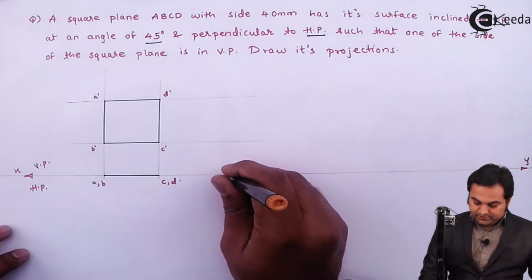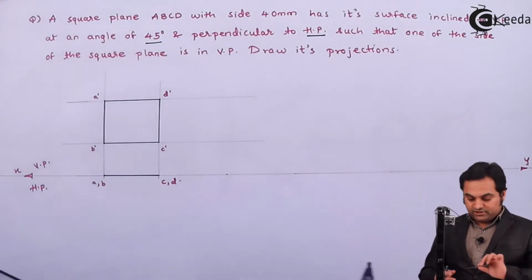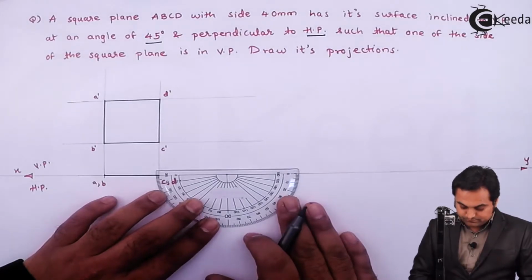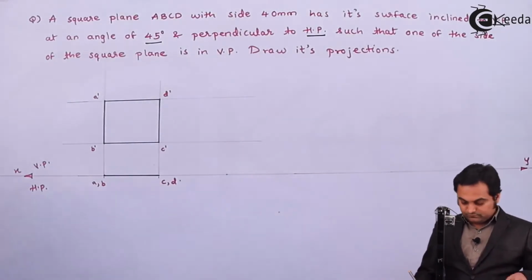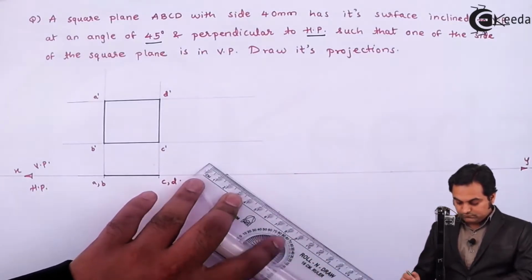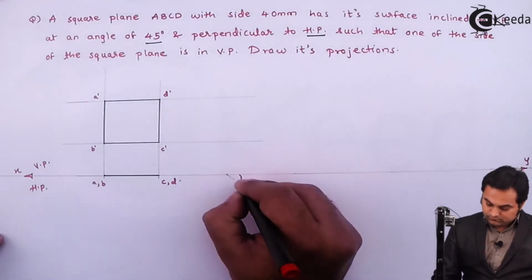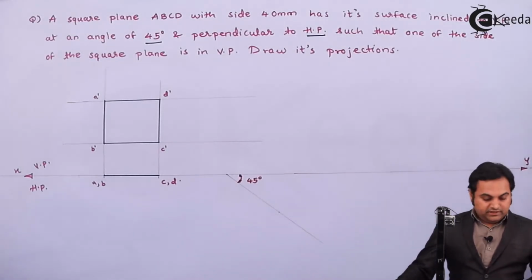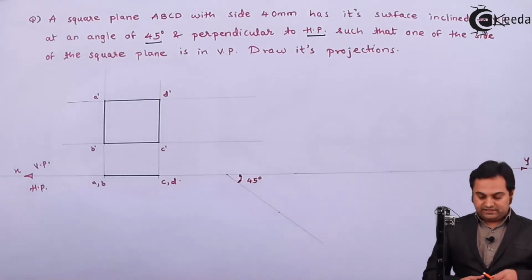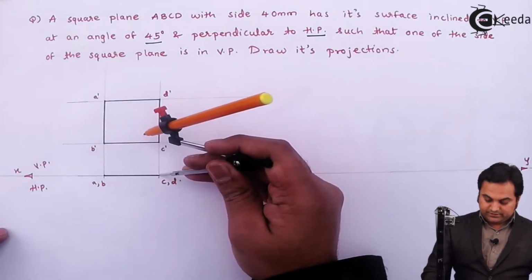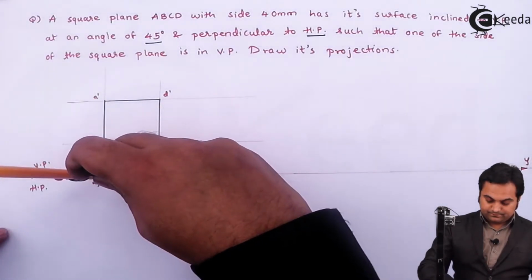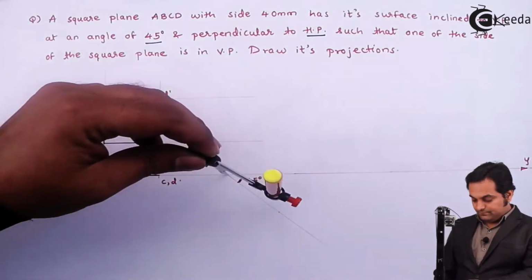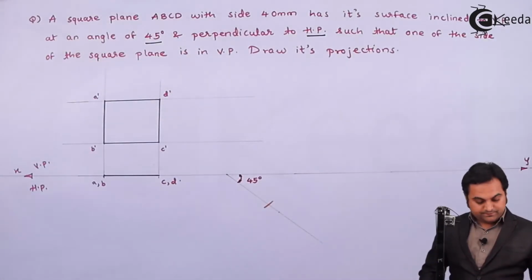For that I'm selecting a point here, measuring 45 degree. Here we have this 45 degree line. Next I'll measure the size of this plane, that is its length, cutting this line.